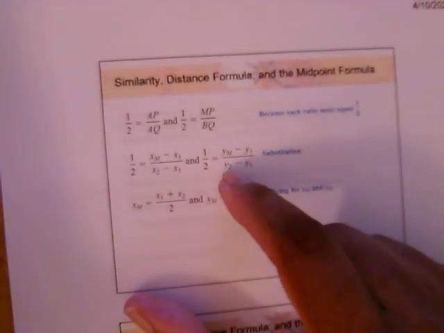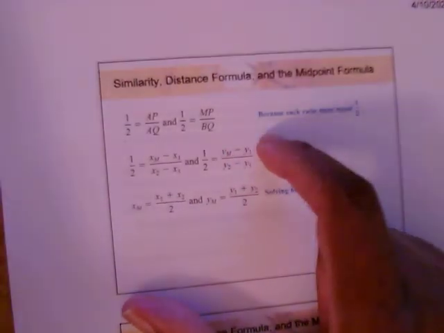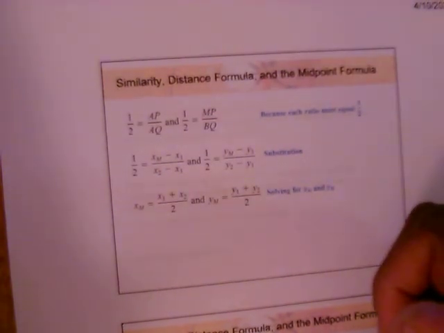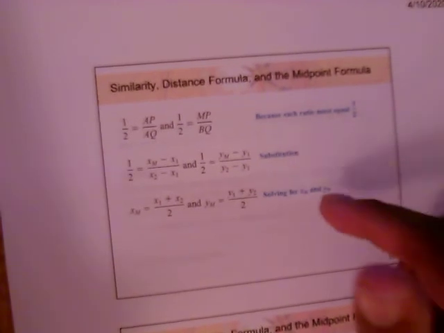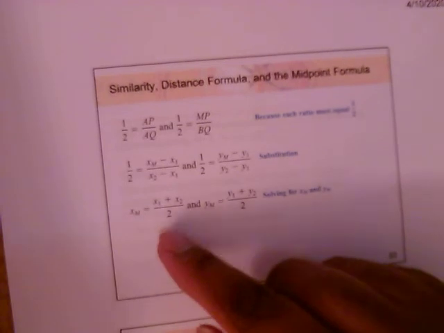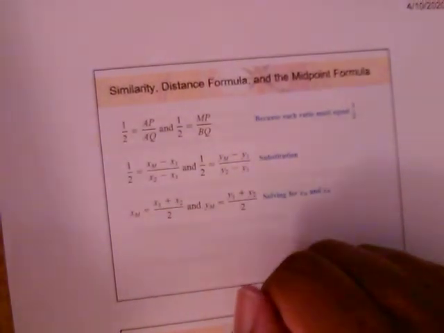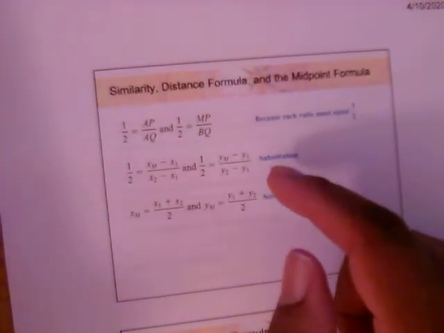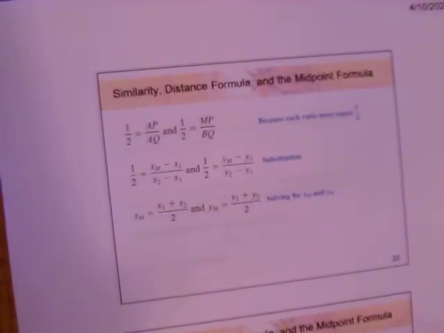And then 1/2 for the MP, they did (yM minus y1) divided by (y2 minus y1), using the distance here. And then they solved for xM and yM to come up with these two values here. The x-coordinate of the midpoint would be (x1 plus x2) divided by 2. The y-coordinate of the midpoint would be (y1 plus y2) divided by 2. Okay, that's how they come up with the midpoint formula.